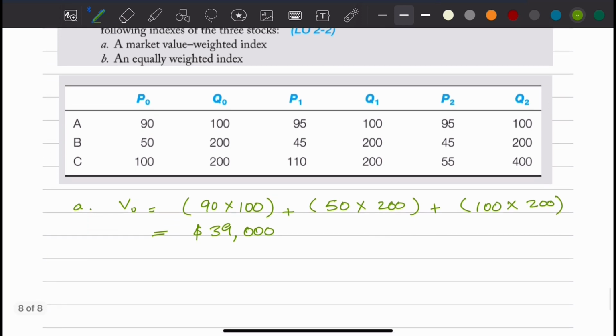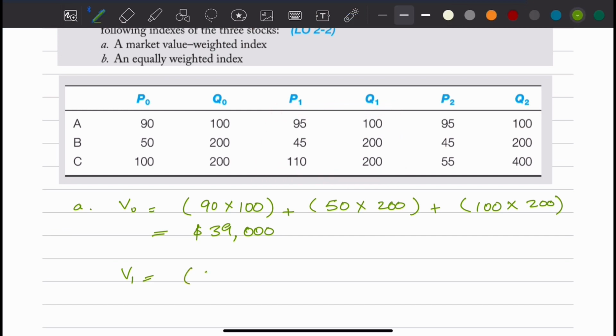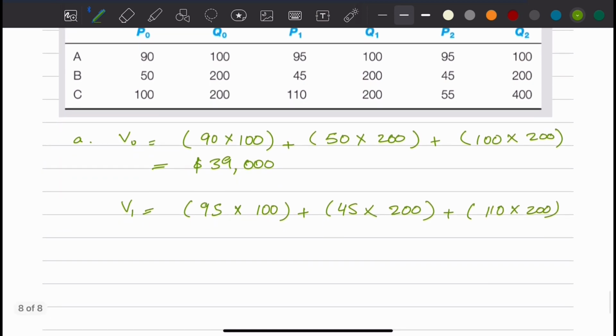For the value based on a market value weighted index at time 1, we're going to do the same, but this time we're going to be using these figures right here. So 95, which is the price of stock A, multiplied by 100, the quantity, plus 45 multiplied by 200, plus 110 multiplied by 200.